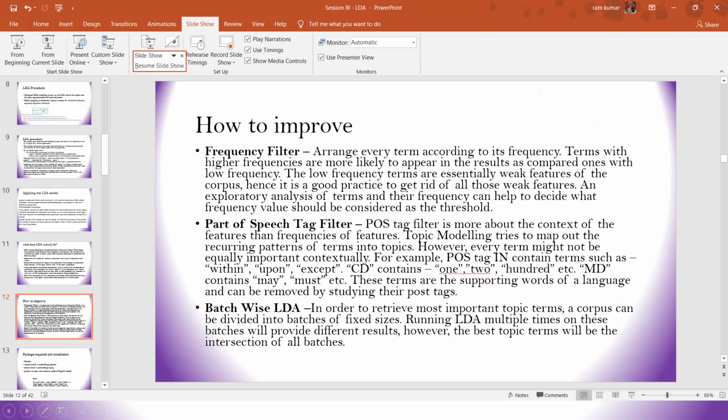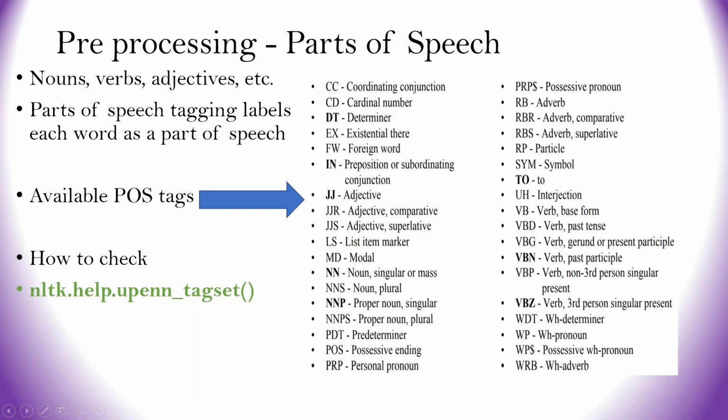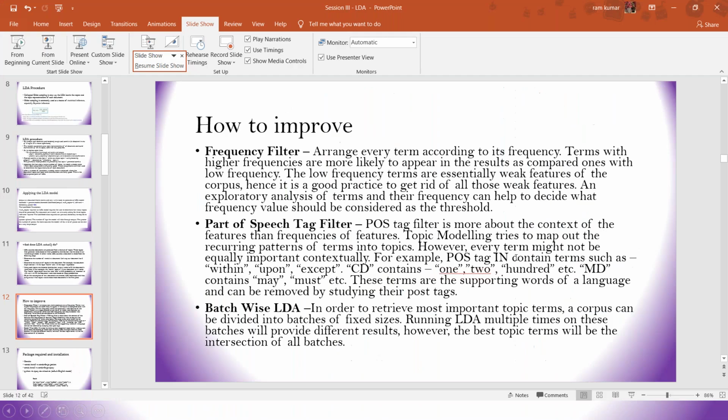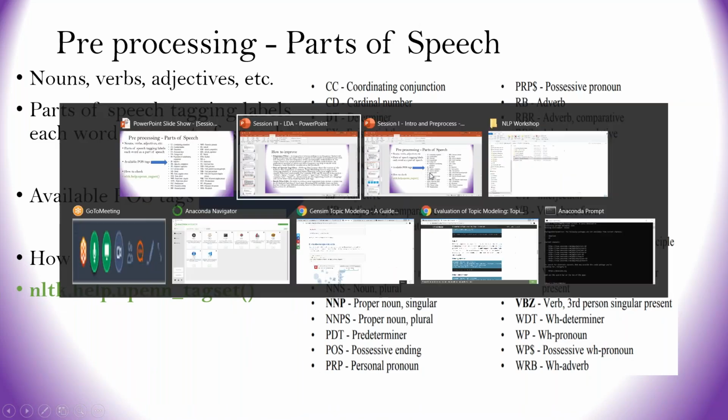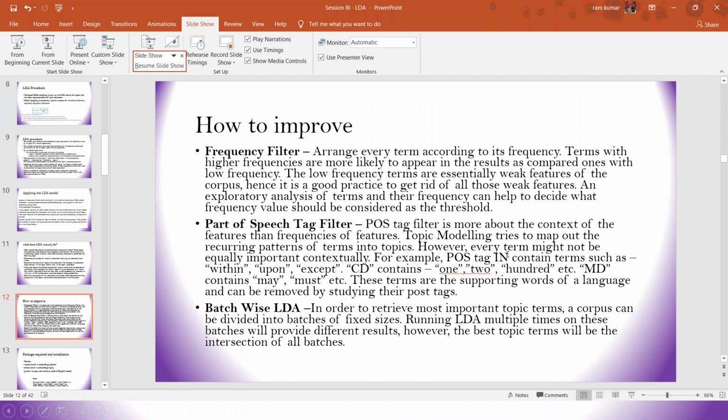CD is cardinal number, MD is a modal, and IN is a preposition or subordinating conjunction. So these are all the resultant values of the POS tagging process. It is also a pre-processing technique which could be applied before applying the LDA model.